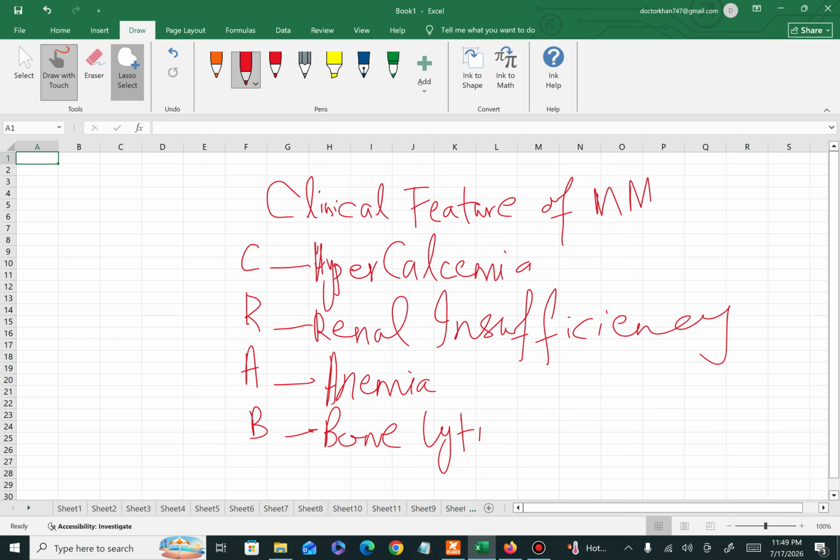So these are the four main characteristic features of multiple myeloma.